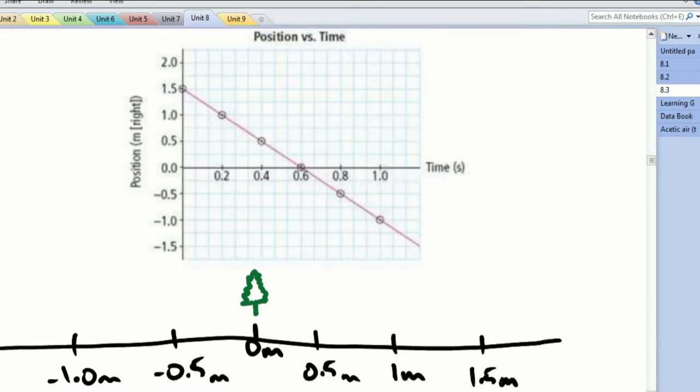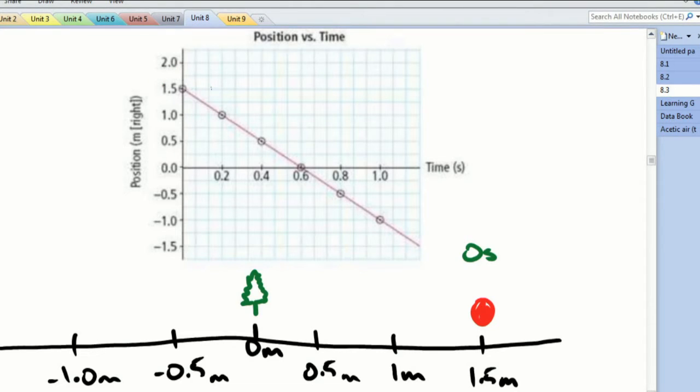Okay, so I have this red ball. At 0 seconds, my red ball is 1.5 meters to the right of something. Okay, we all happy with that? That's this point right here, 0 seconds on my x-axis. The object's 1.5 meters to the right.